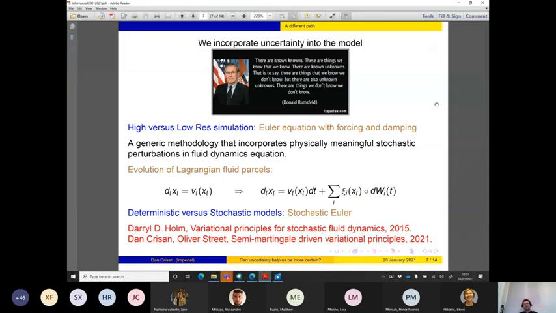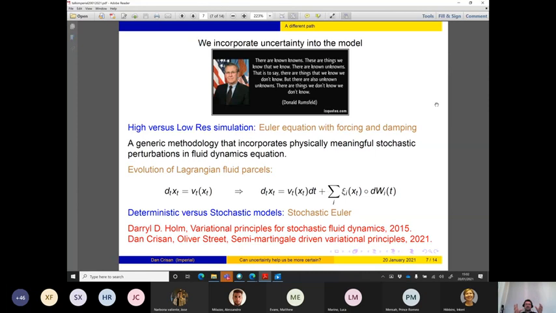And I have here a quote from Donald Rumsfeld, which some of you might or might not know about, right? I'm not going to go over the quote. Obviously, you can go and read the quote, or use Google to find out about this. But the point of this is that you want to add stochasticity to model things that you cannot capture by the deterministic model.